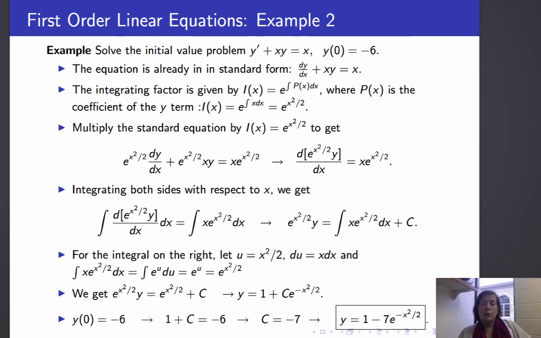Plugging that into our equation, we get minus 6 is equal to 1 plus c times e to the 0, or 1 plus c is equal to minus 6. And this, of course, gives us that c is equal to minus 7, and y is 1 minus 7 times e to the minus x squared over 2.